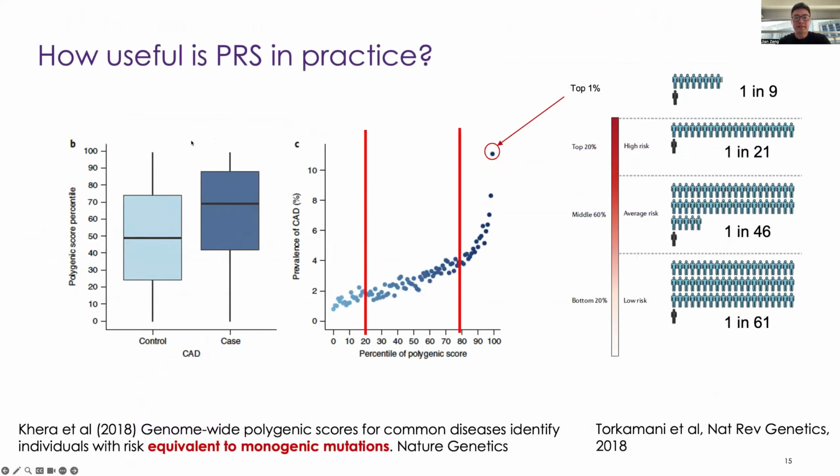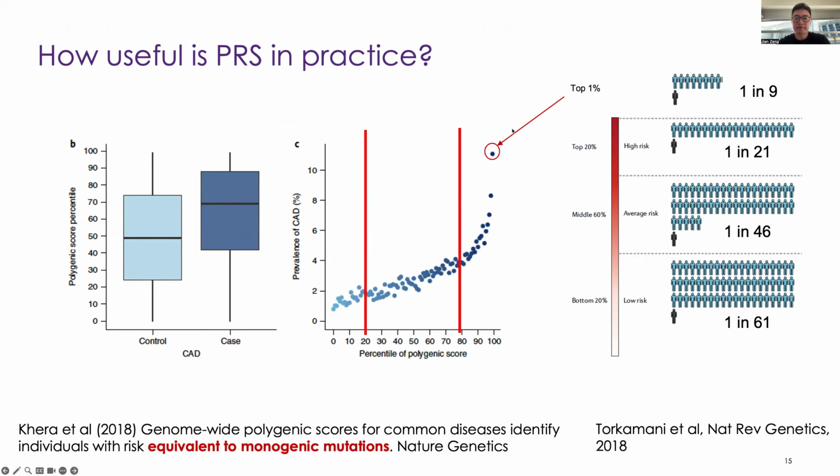Despite these limitations, can PRS be useful in practice? Well, this Khera et al. paper presents compelling evidence for the PRS as a tool for risk stratification in the population. This landmark paper basically shows that people in the extreme tail of the PRS distribution can have disease risks comparable to rare monogenic mutations.